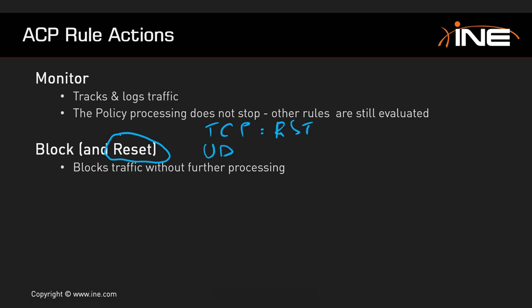Versus for UDP communication, FTD is going to try to send an ICMP unreachable packet to tell the application that communication is broken. So reset is supposed to work for both TCP and UDP.